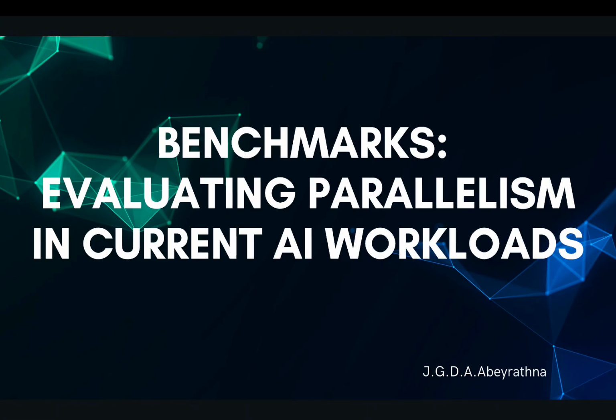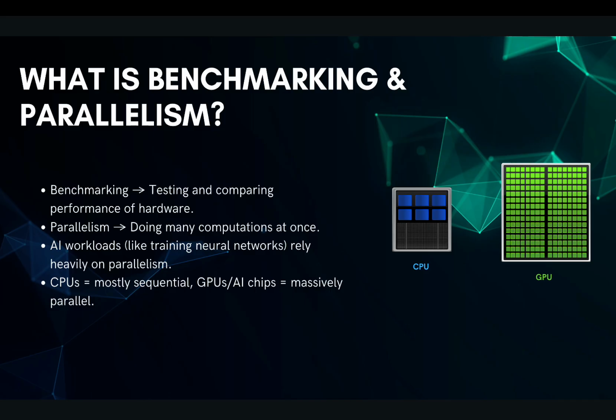Let's get started. Before we dive into benchmarking, let's quickly define two key terms. First, benchmarking simply means testing and comparing how well a computer chip performs under specific workloads. Second, parallelism is about doing many operations at the same time instead of one after another.